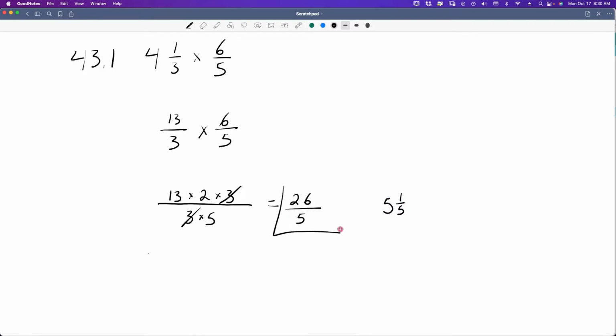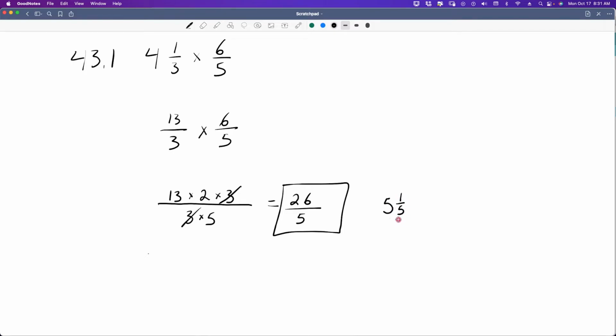But this is the answer that I like in the system because we are getting to a point now where we need to start turning everything into an improper fraction. When you get to Algebra 1, we don't like to use mixed numbers anymore. Algebra does not like mixed numbers. The only reason that we are still using mixed numbers is because it gives you an idea of what the value actually is.